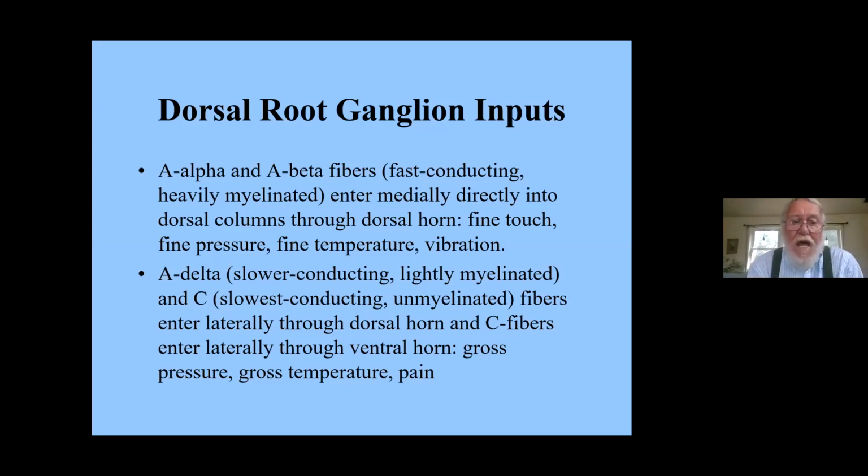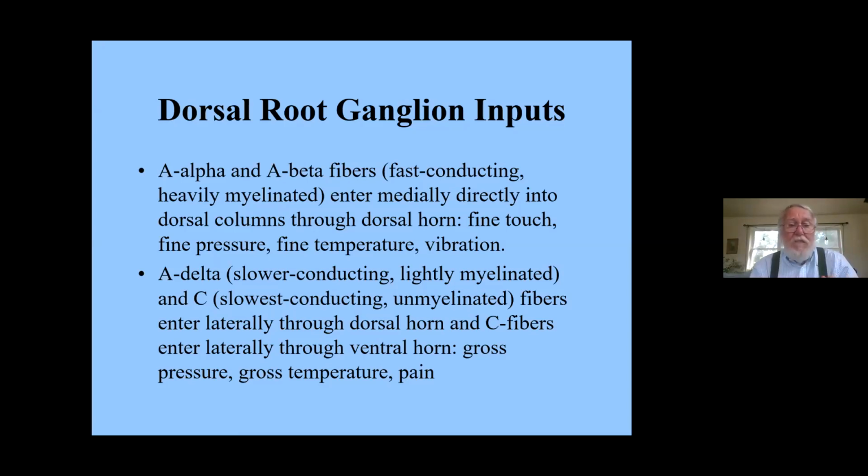So A alpha and A beta fibers can be physiologically identified by a large amount of heavy myelination, and therefore they are extremely fast conducting. And these A alpha and A beta fibers enter medially directly into the dorsal columns through the dorsal horn. And what do they typically modulate? They modulate fine touch, fine pressure, fine temperature, and vibration.